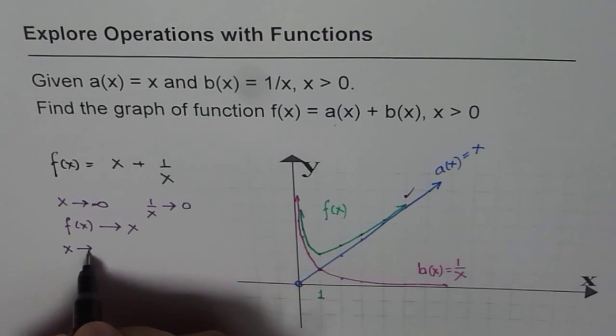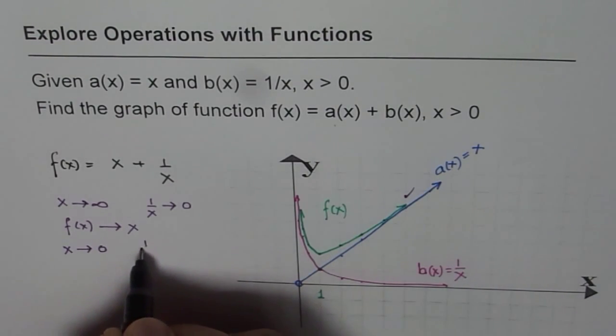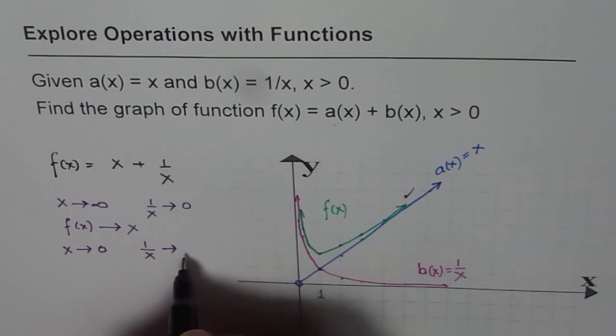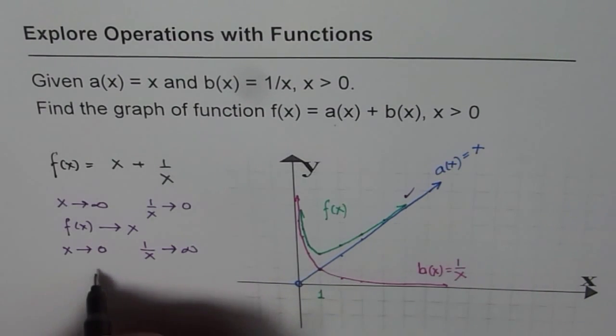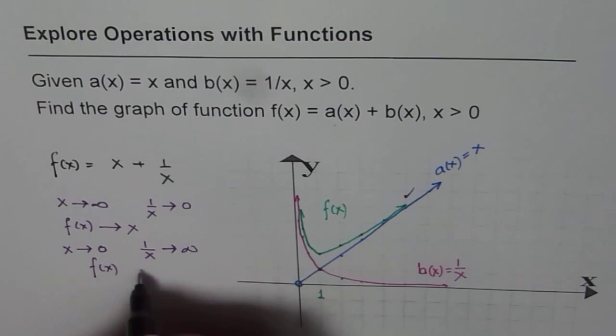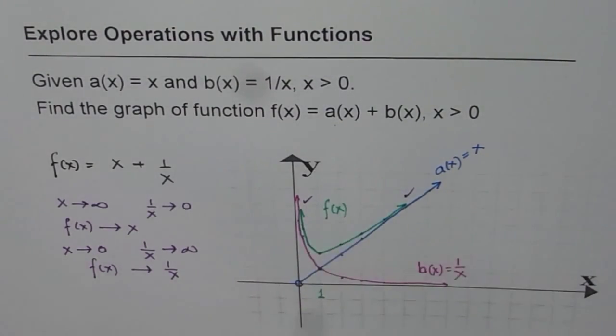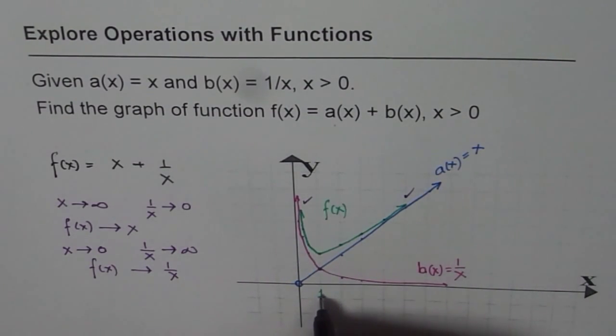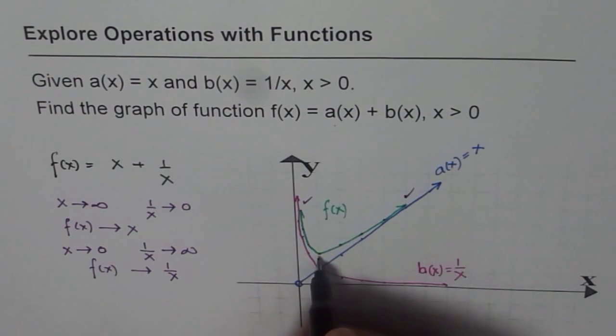As x approaches 0, 1 over x approaches infinity, a very large value, and therefore f of x approaches 1 over x, and that is what we are trying to see here. You see that? But at x equals 1, it is at 2, which is its minimum value, right?